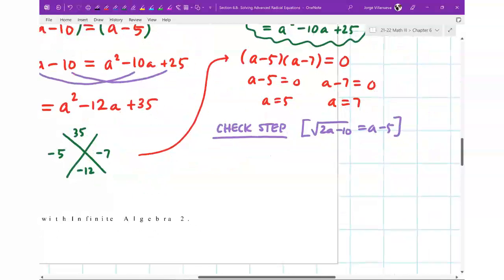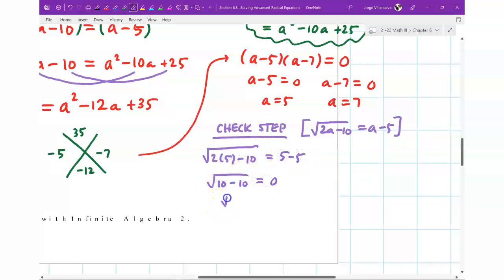All right, so let's plug it in. If a is equal to 5, then I get square root 2 times 5 minus 10 is equal to 5 minus 5. That's square root of 10 minus 10 equals 0, which is the square root of 0 equal to 0. So 0 equals 0. So that's good. No problem.